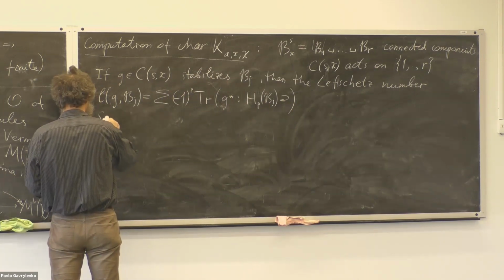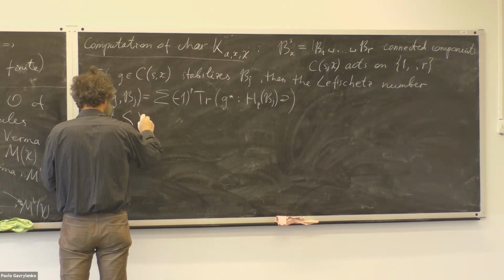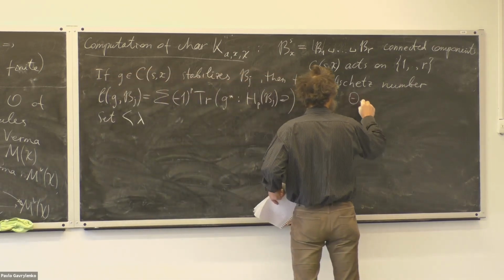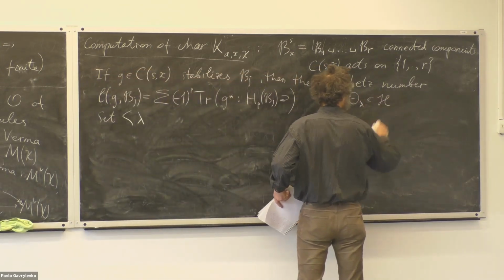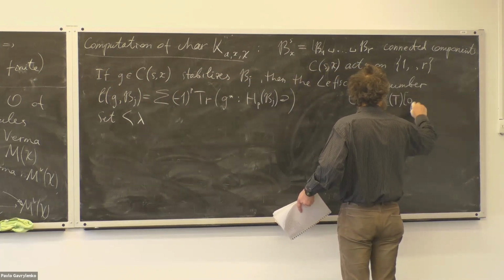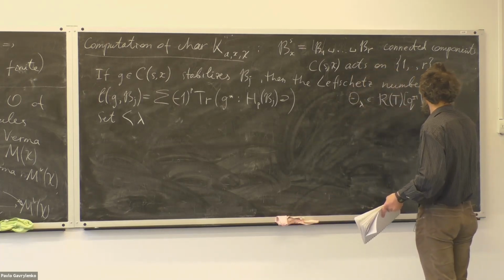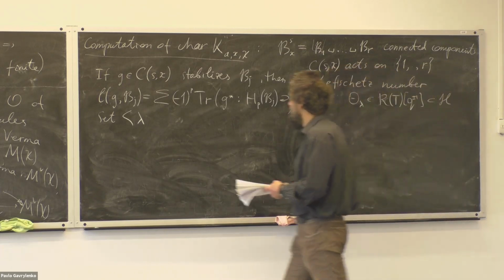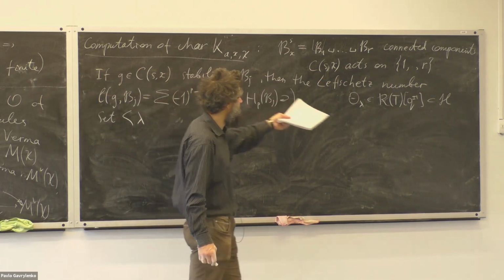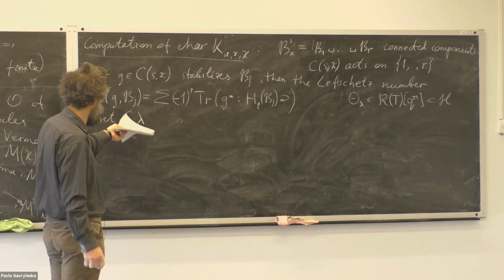also we set some pairing. So we will have an element theta lambda in the Hecke algebra. In fact, inside of this T. Inside the Hecke algebra, and well, somehow the character on this element will be written down in terms of this pairing.